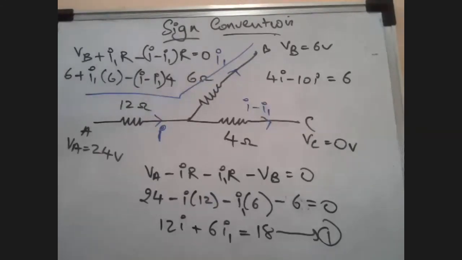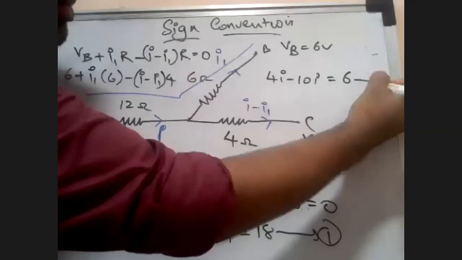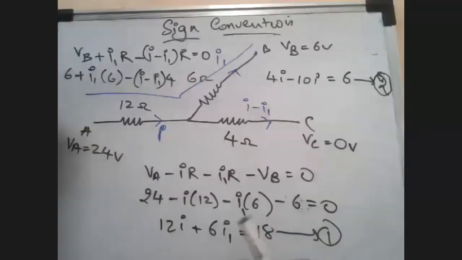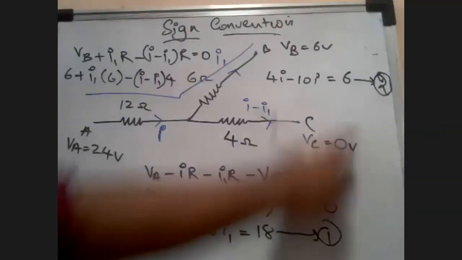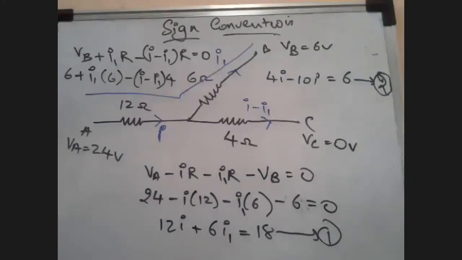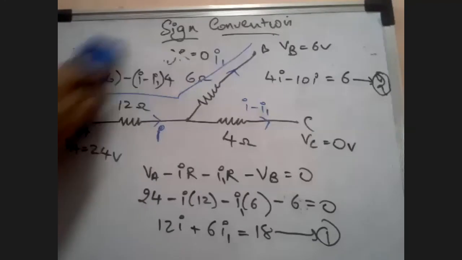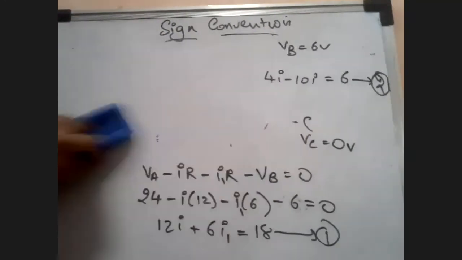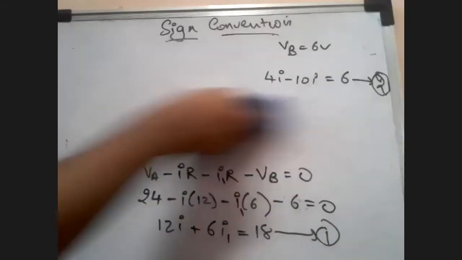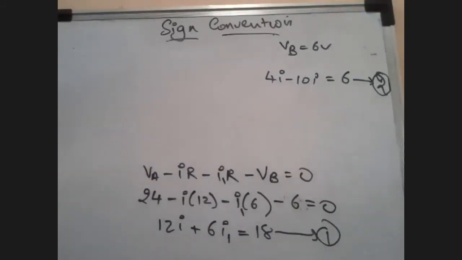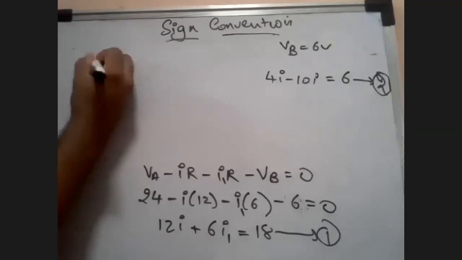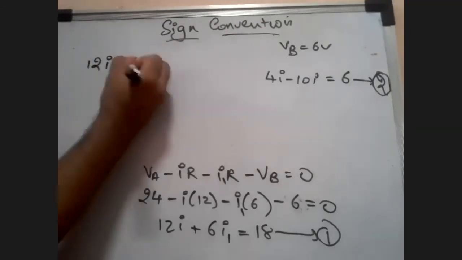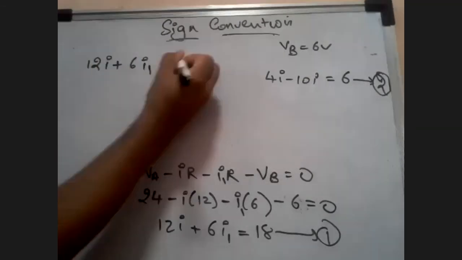So you have one equation over here, second equation over here. How can we simplify these two equations? I'll just rub the board. Our first equation was 12I plus 6I1 equal to 18.